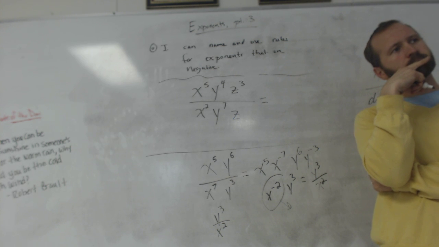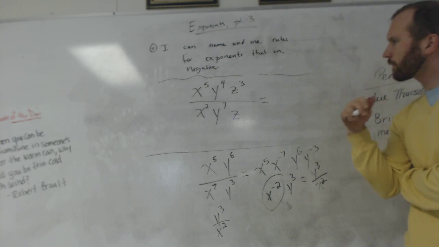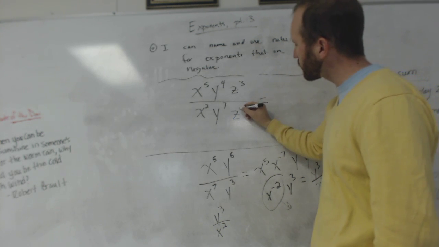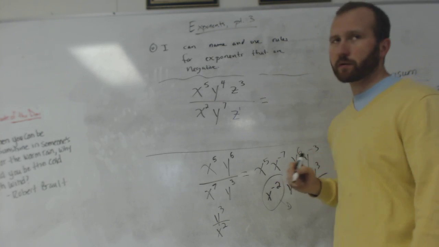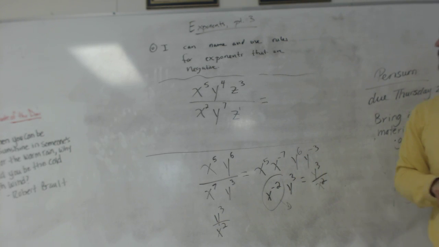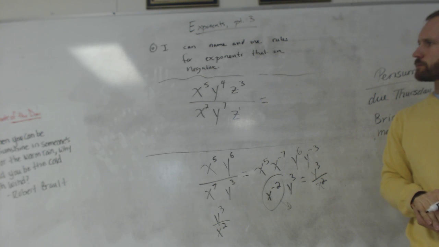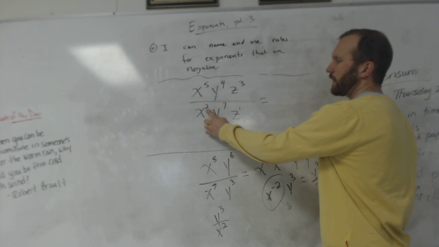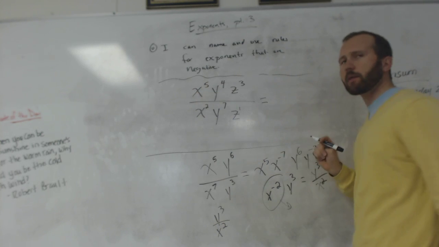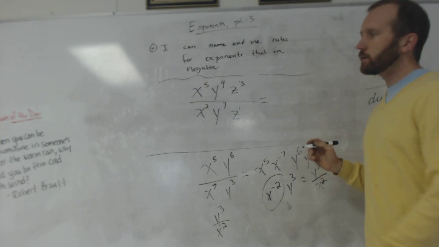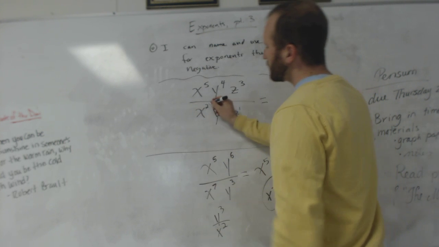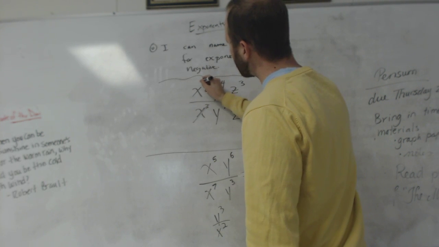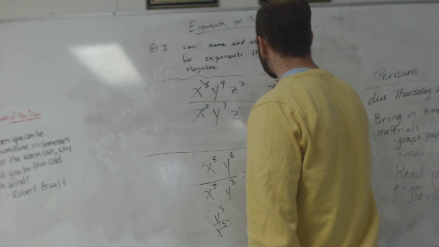You would automatically make that z to the first. Yeah, good. I could just write z to the first here. That might help me remember that that's just 1 exponent. Now, I'm just going to take this x squared and subtract it from the x to the 5th. This cancels out with 2 of these, leaving me x to the 3rd.